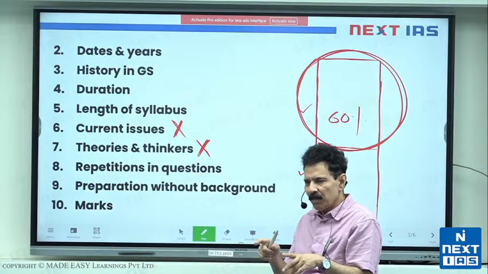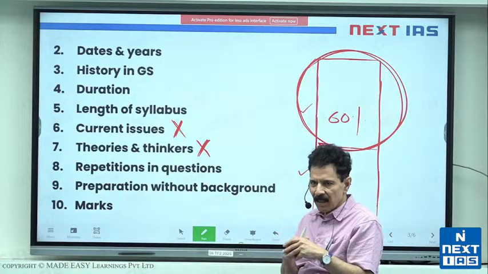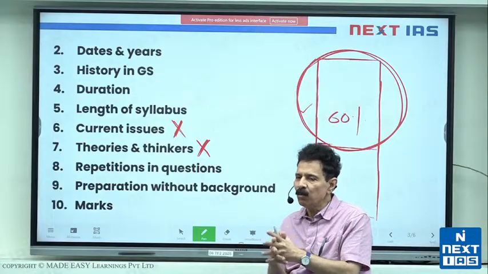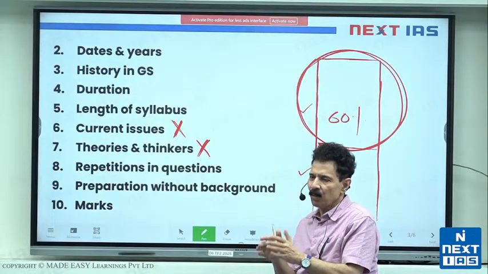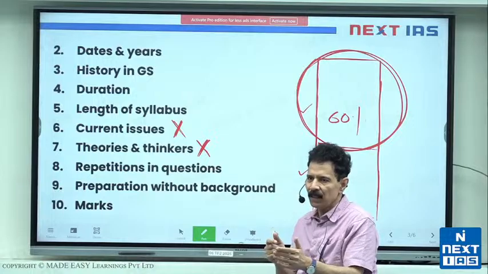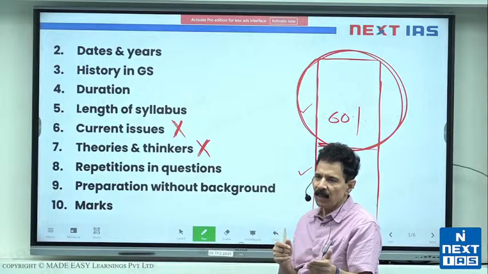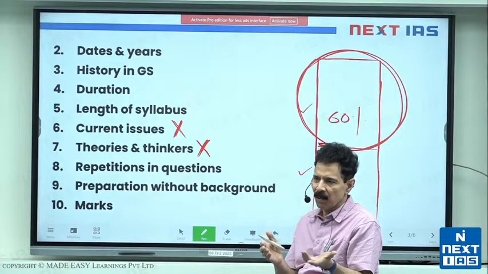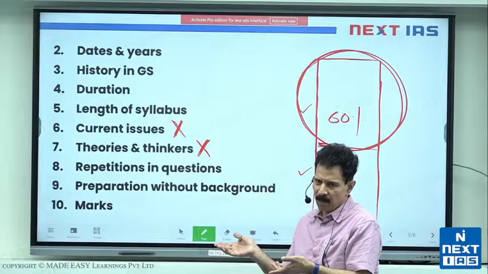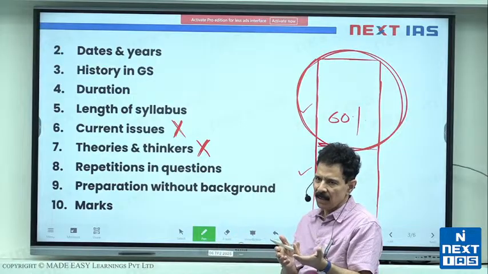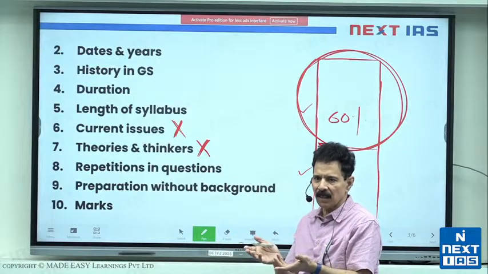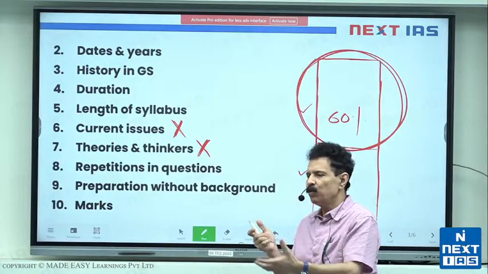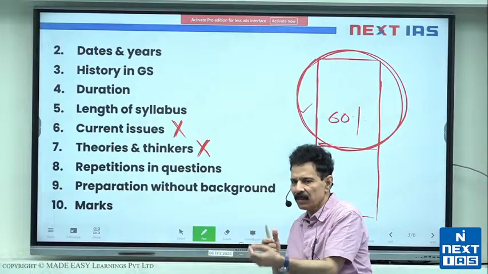In every popular optional subject, you will find that there are people who get very high marks, and there are people who get very poor marks. Like in anthropology, there are people who get in the 280s, 290s, and there are people who get in the 180s, 190s also. Similarly in pol science, geography, and history also. There are people who are getting in the 290s, 300 something, even 190s as well. It's all your performance.